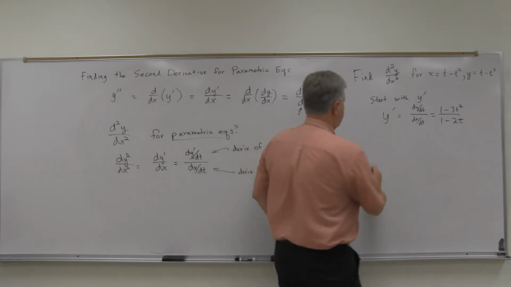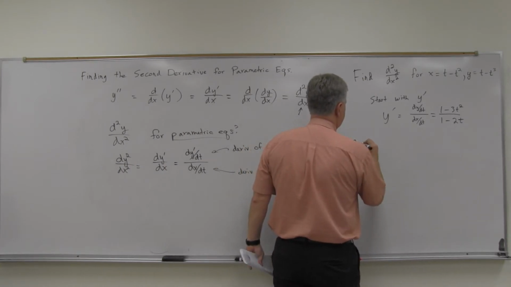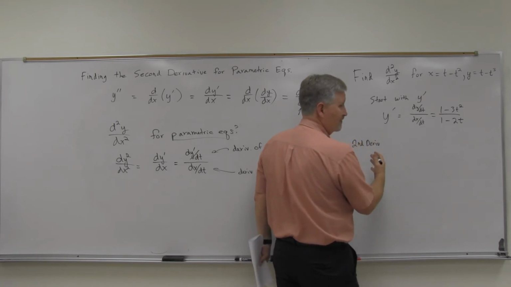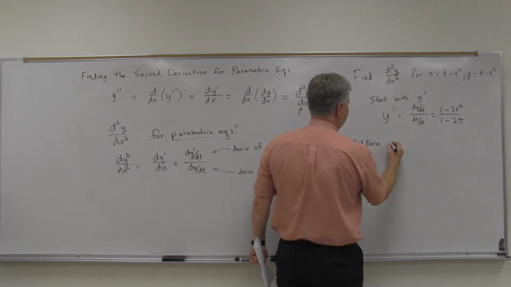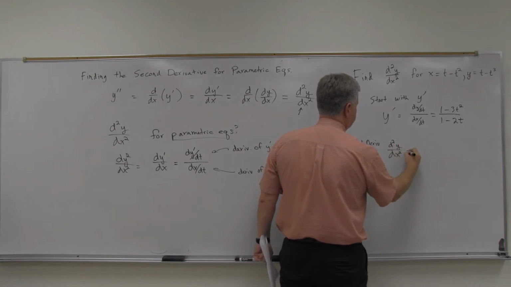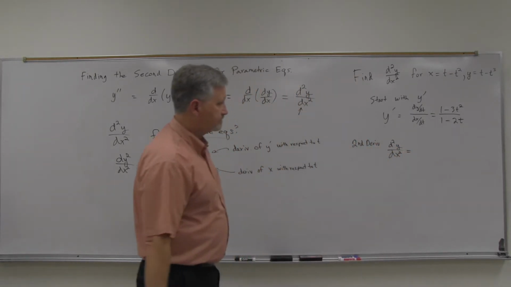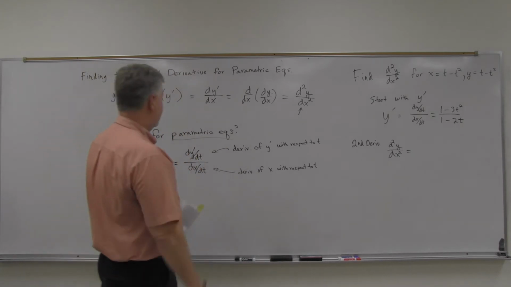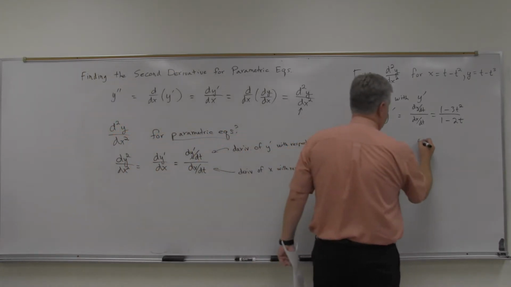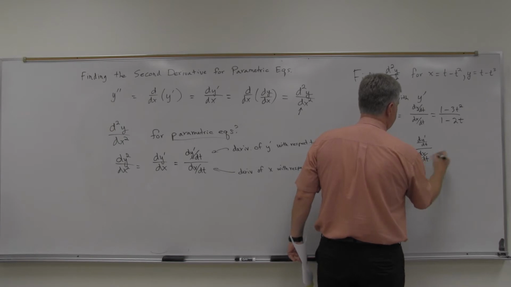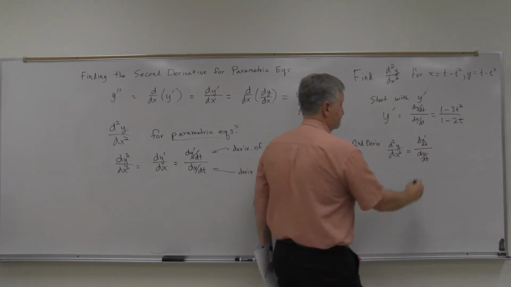Now, to find the second derivative, y double prime, but they have chosen here to denote it this way. How do we do it? Well, you have to do the derivative of the y prime with respect to t, but then you have to divide that by the derivative of x with respect to t.